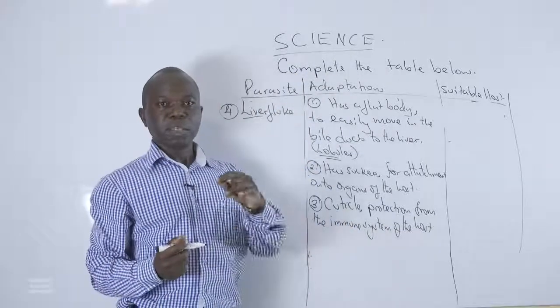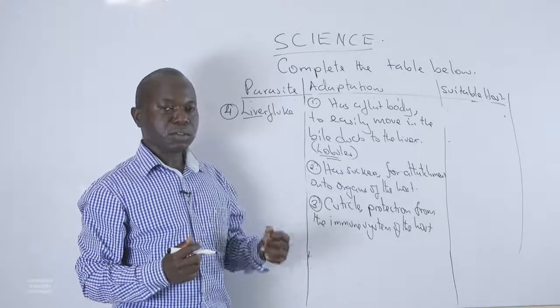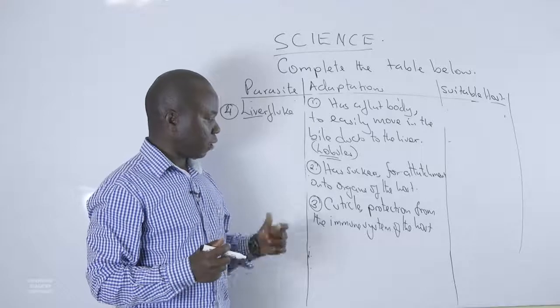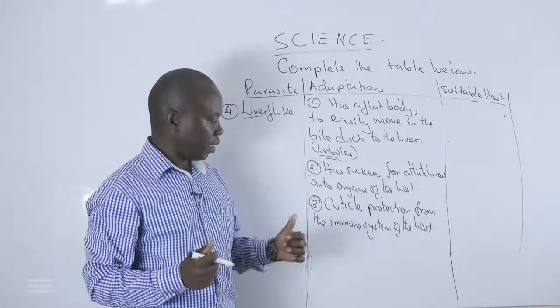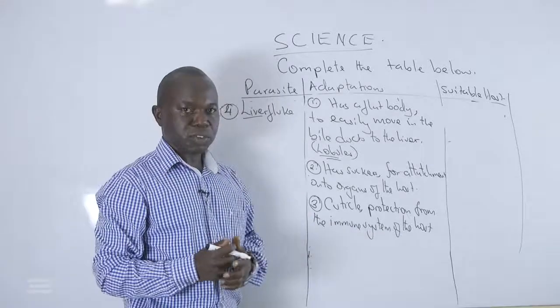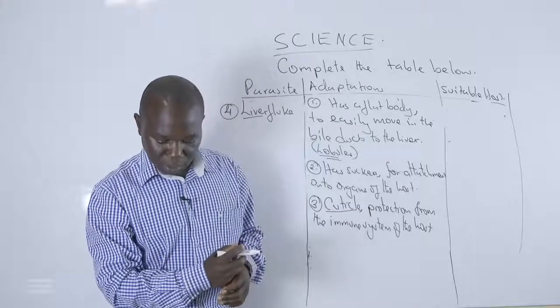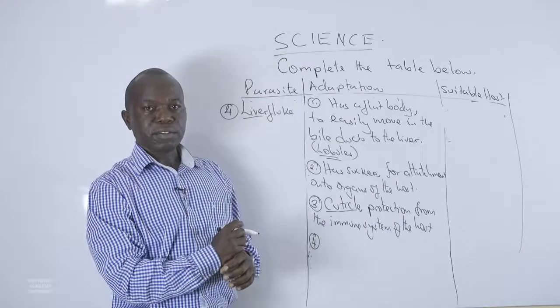Liver fluke being a foreign material in the body is going to be recognized as an antigen. Therefore, the immune system may come in to destroy it, but it's never destroyed because of the cuticle. Cuticle is a tough covering of the liver fluke.